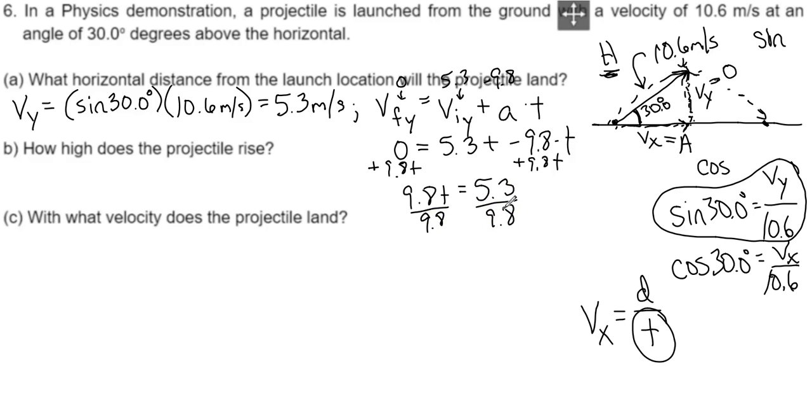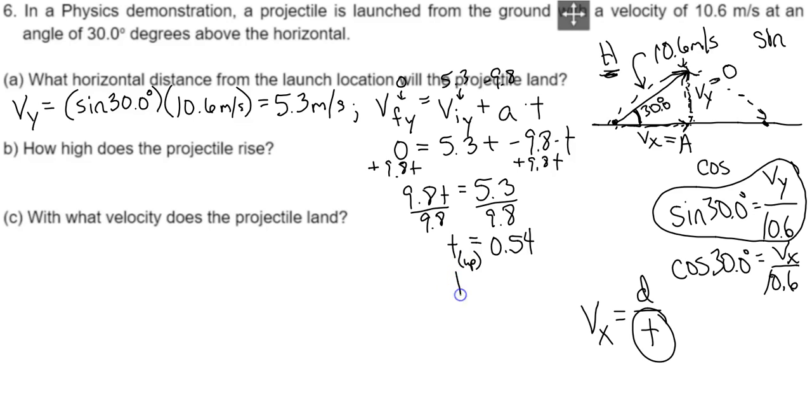So my time going up is equal to 0.54 seconds. The time that it takes to go up is the exact same as the time that it needs to go down.